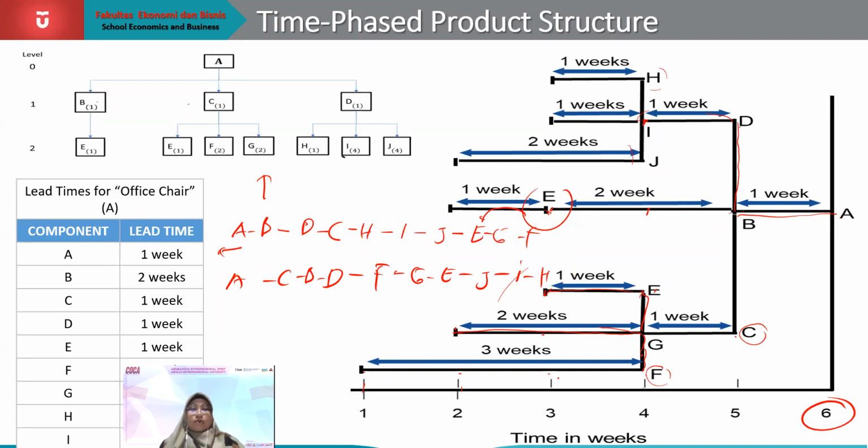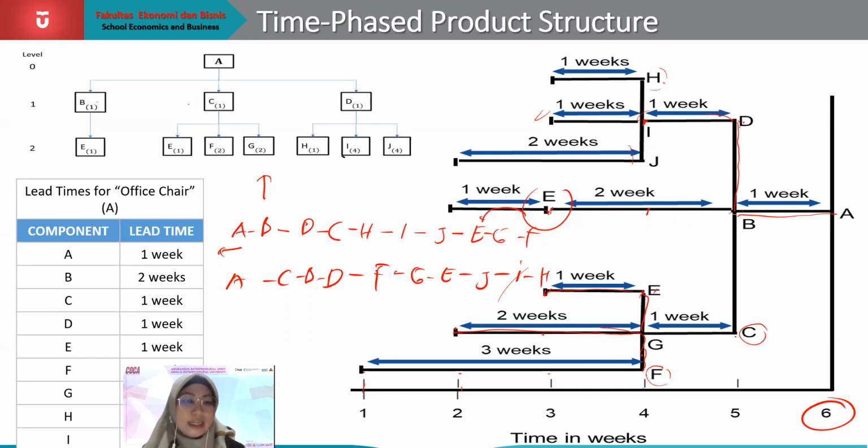It's up to you, but the most important thing you need to know is when you need to decide which one comes first between H, I, J, as long as they are in the same level, you can reorder the sequences. But if they are in different levels, you cannot switch them. For example, you cannot switch D with H or D with I. Why?